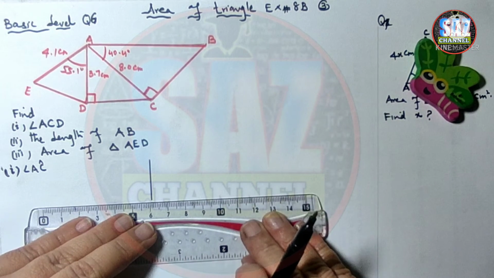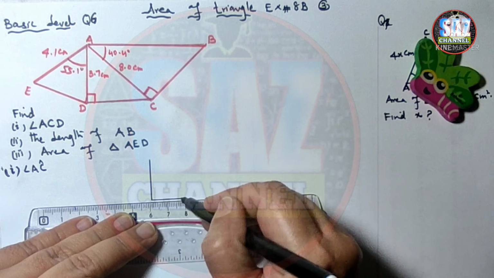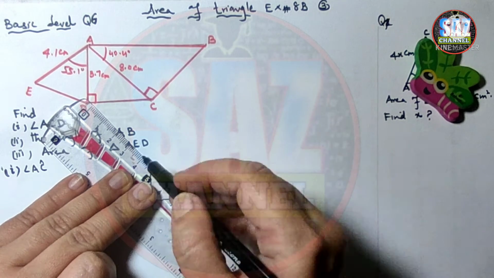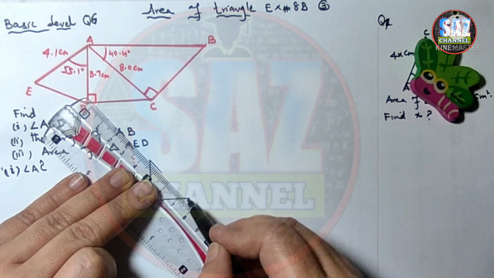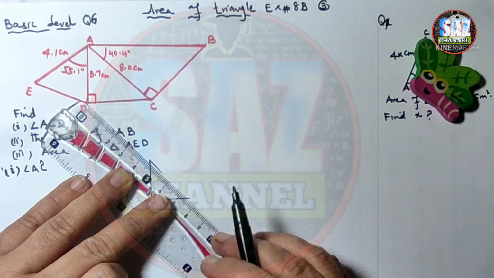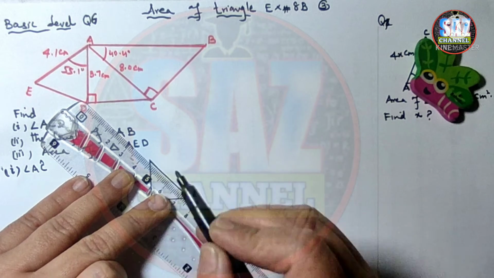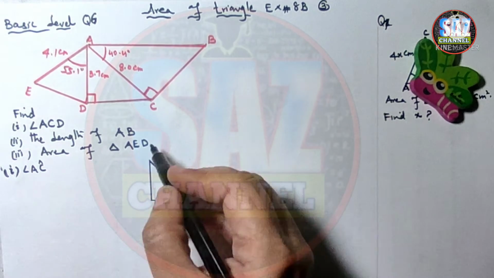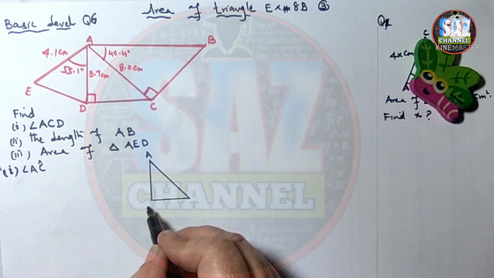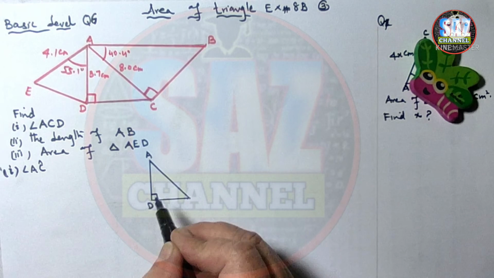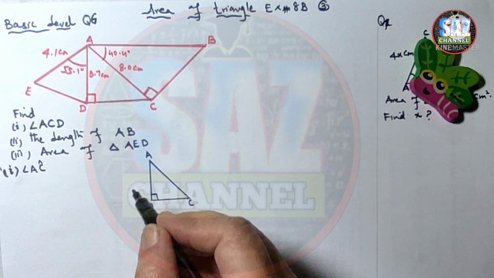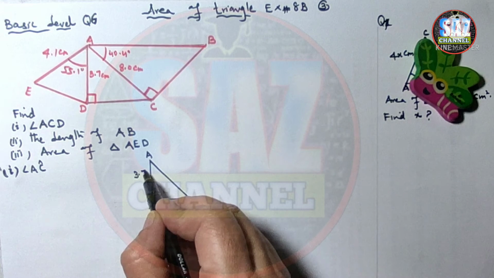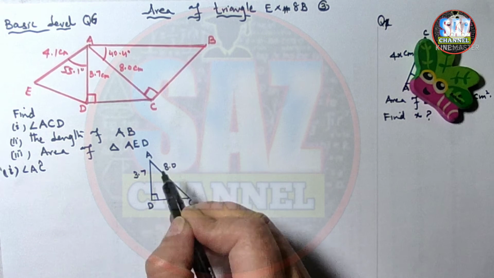And do not forget the role of basic trigonometric ratios that we have done in D2. So all O-level students are advised to reinforce the previous concepts properly. Now look, this is A, this is D, which is my 90 degree, and this is C, and this is 3.7, and this is 8.0.